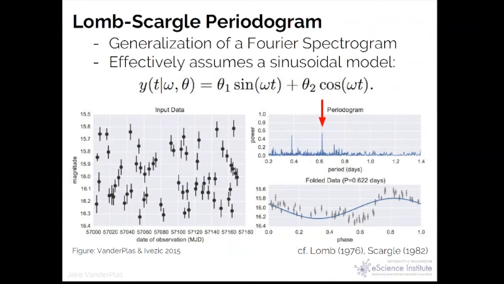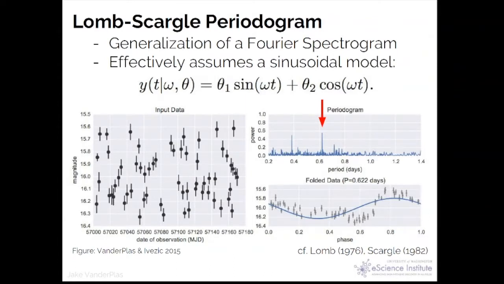One method that's been common in astronomy for the past maybe 3 decades or more is the Lomb-Scargle periodogram. Effectively what that does is it assumes a sinusoidal model to the data and tries to fit a sinusoid at each candidate period, and then constructs a periodogram that looks a lot like a Fourier periodogram but is slightly modified.